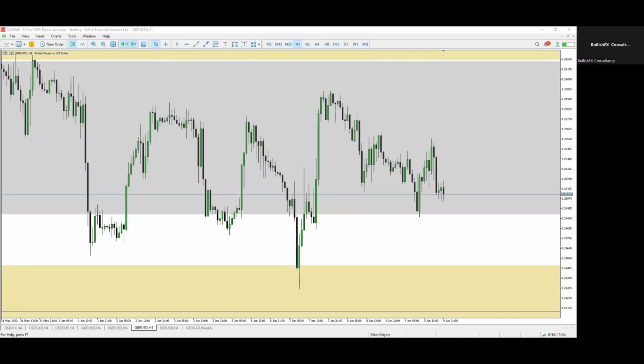I cannot remember. Right around just before 4 o'clock. That's when I sent the message to say there's quite easily 20 pips to the downside on pound.